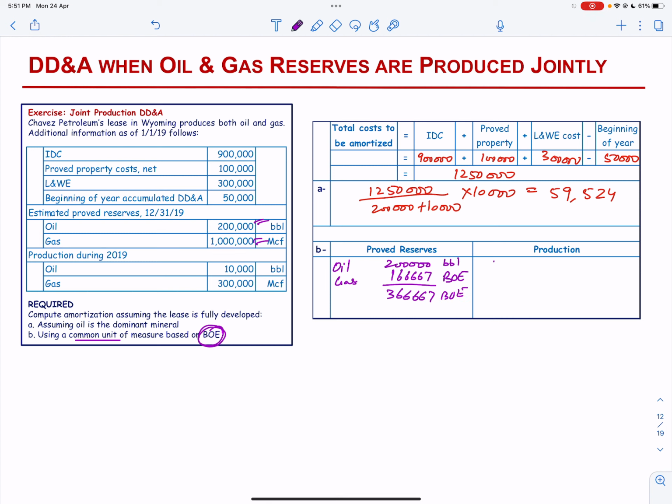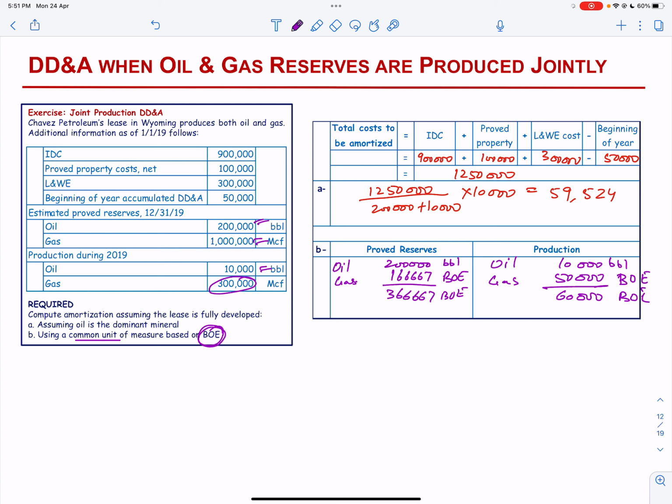For production, once again, oil is 10,000 barrels. For gas, again we will divide this by 6. So 300,000 divided by 6 will give us 50,000. That makes 60,000 barrels of oil equivalent. And now we can calculate.